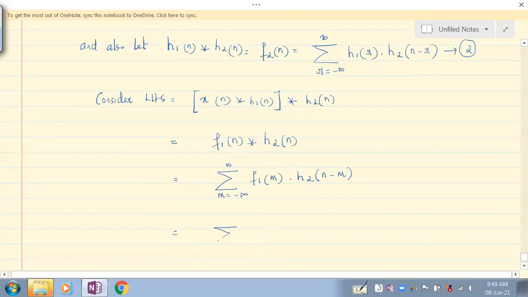Therefore, this can be written as summation, one summation in terms of m would be there as it is. Then whatever f1 of m is there, we shall write this.